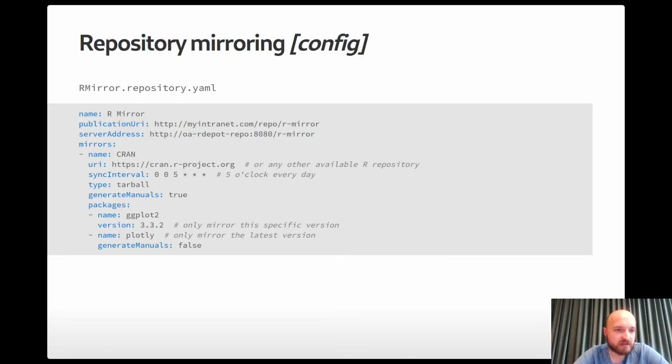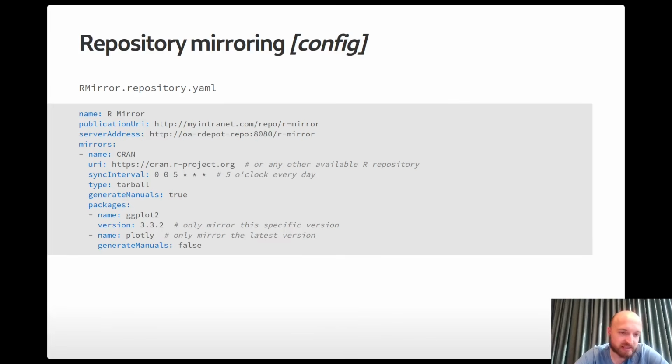So this is the R mirror repository with the publication URI and server address. And then we define one or more mirrors where we can synchronize packages from. So in this case, we are synchronizing with CRAN at 5 o'clock every day, and then we supply a list of packages.